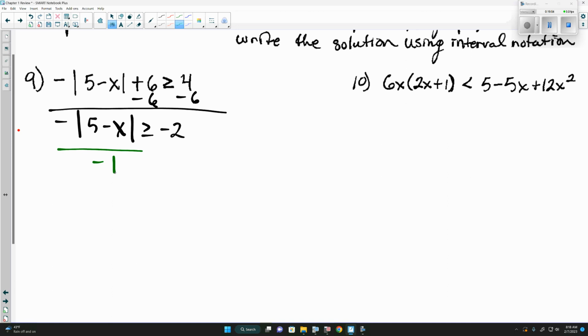But again, we need the absolute value bars by themselves. Since there's a negative out in front of it, we're going to have to multiply or divide by -1. Doesn't matter which, they will do the exact same thing, which tells us that the absolute value of 5 minus x is less than or equal to 2.